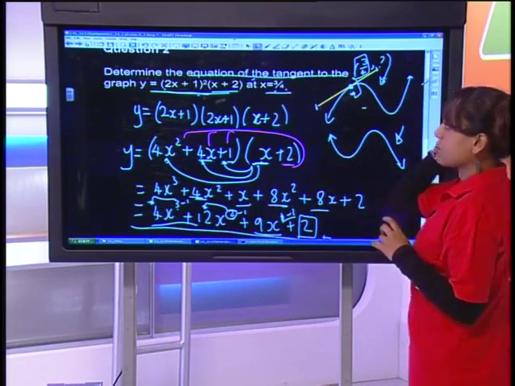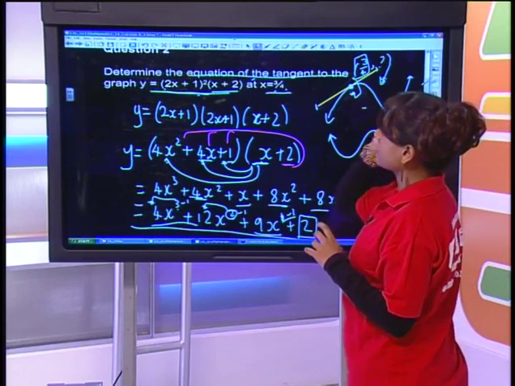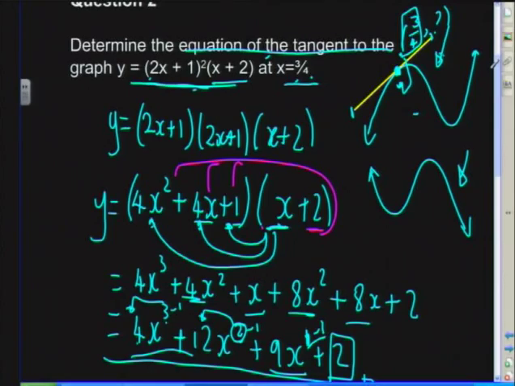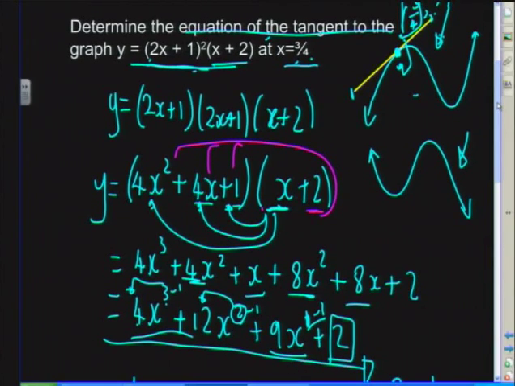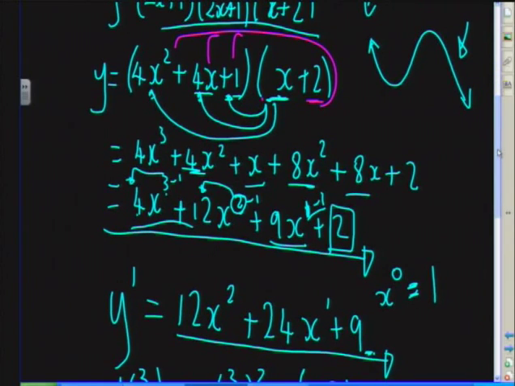We were asked to find the equation of the tangent to the graph at the point x is equal to 3/4. So I took the equation that they gave us of the graph, multiplied it all out, and got a cubic expression: 4x cubed plus 12x squared plus 9x plus 2.